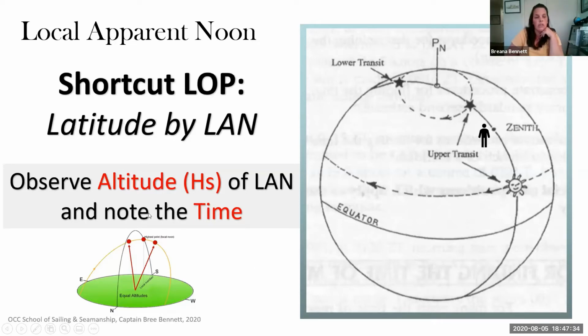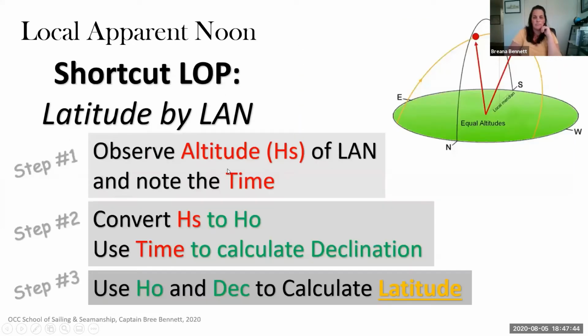Okay, so the two things that we need are that sextant altitude and the time. And this is going to be our little shortcut. So our steps to this shortcut are, step 1, observe the altitude and the time. Then we convert that HS to HO, which we are all experts at now, right?